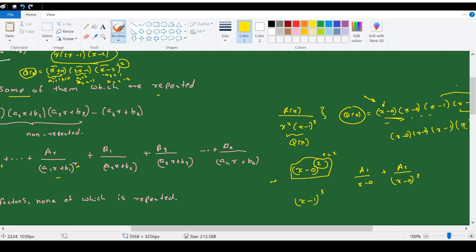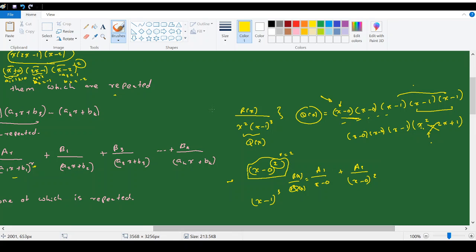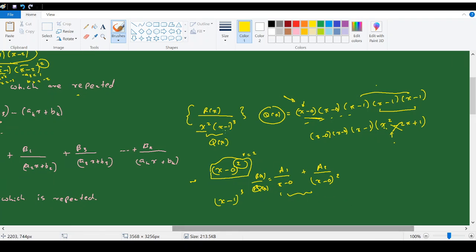So this is related to R(x) over Q(x). Okay, so we are writing the partial fractions of this term, R(x) divided by Q(x). Related to this one you have these two, and related to the next linear factor we should do the same thing, but in this case it is repeated 3 times.